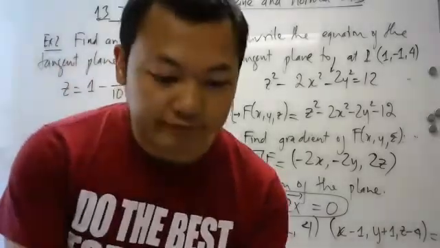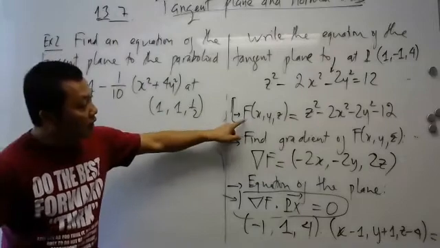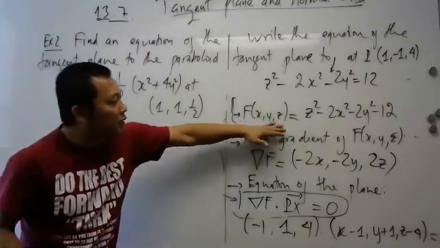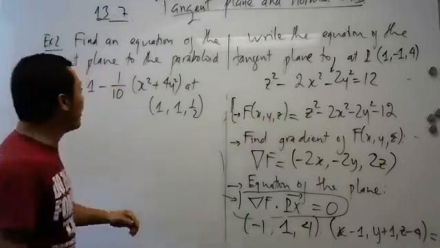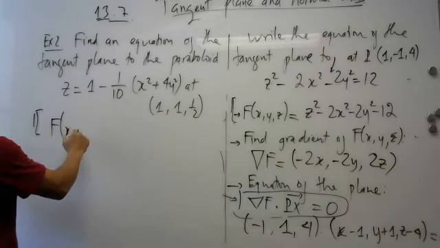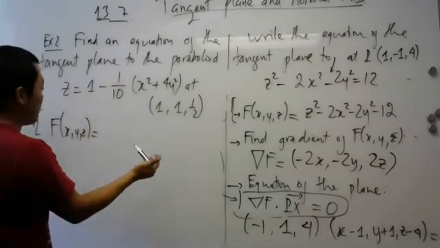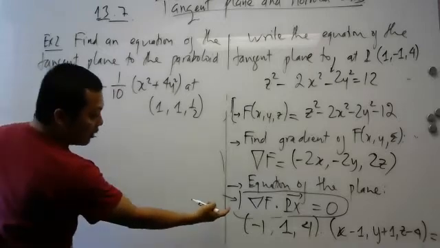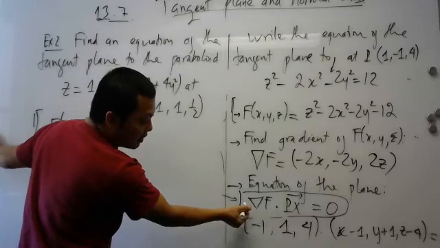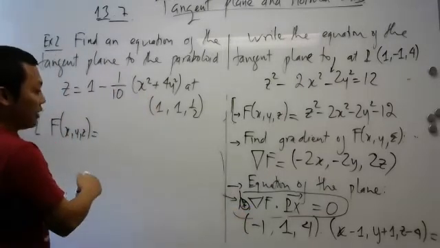As we have seen in the previous example, we only need to find the gradient of the function. First, we need to generate the function capital F. So what is F of x, y, z? In this case, you can bring z to the other side. The only difference is in sign, but the product is already 0, so with minus or with plus, there's no change.